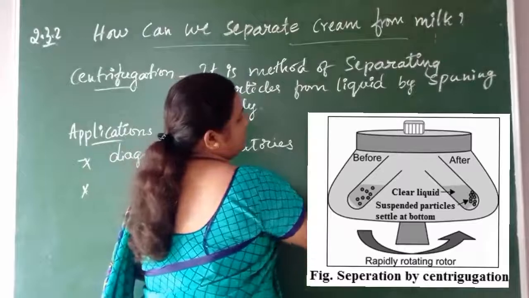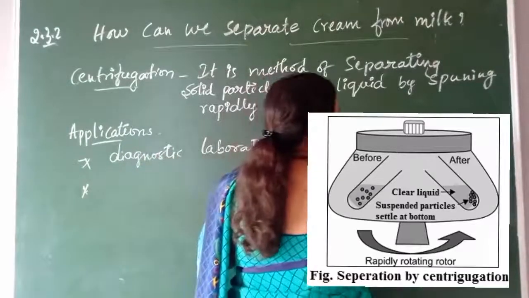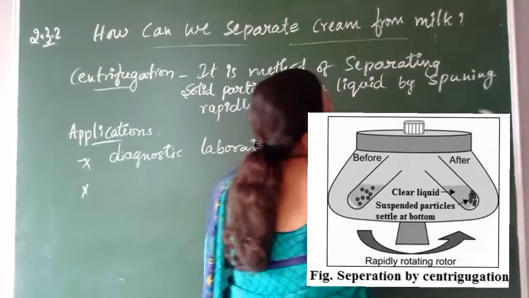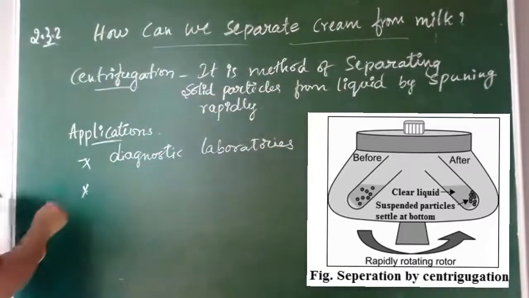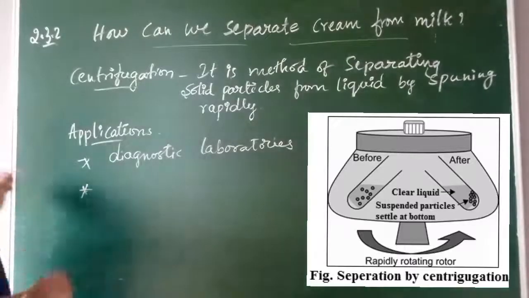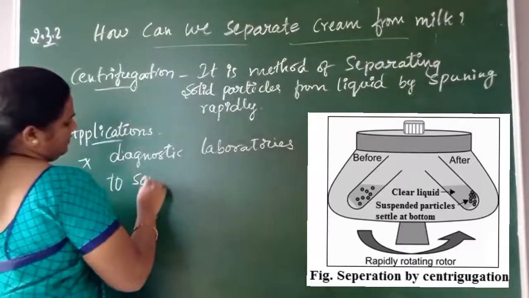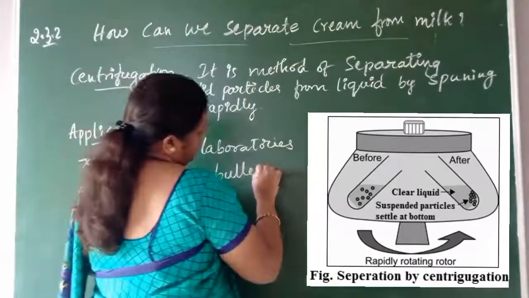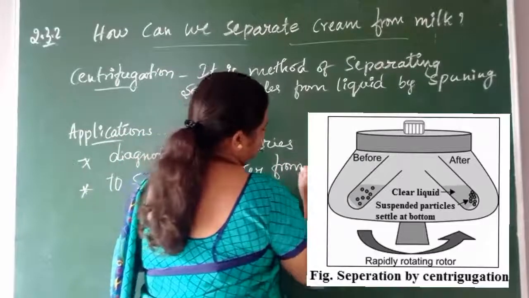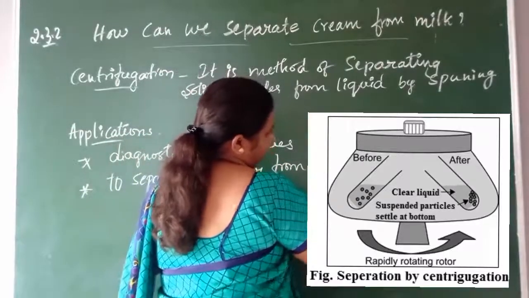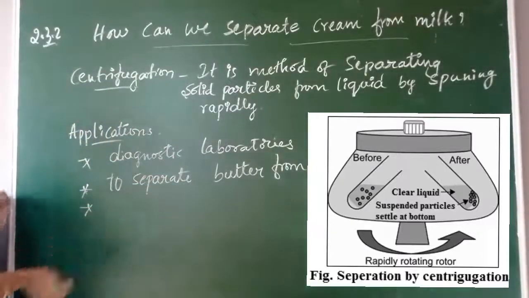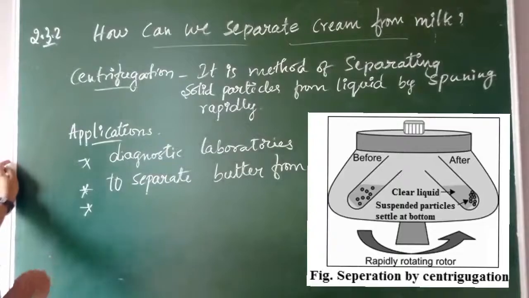To test a blood sample or urine, the centrifugation method is used. And the next one is to separate butter from milk. We use this centrifugation method. At home, milk churners are used. At dairies, centrifugation devices are used.